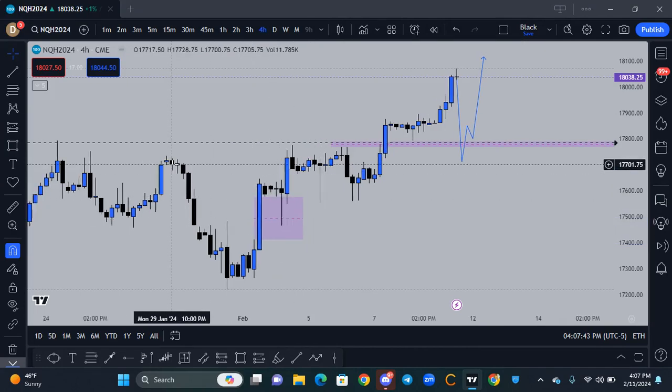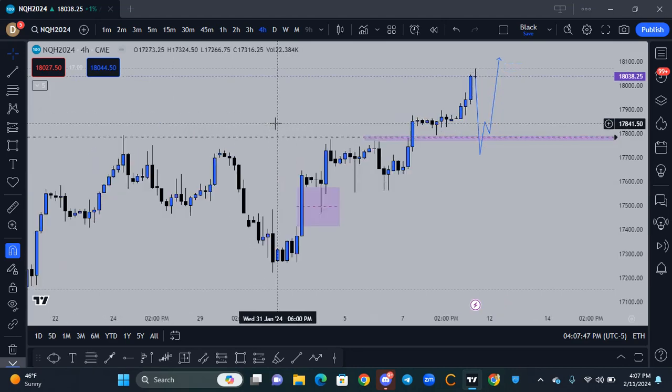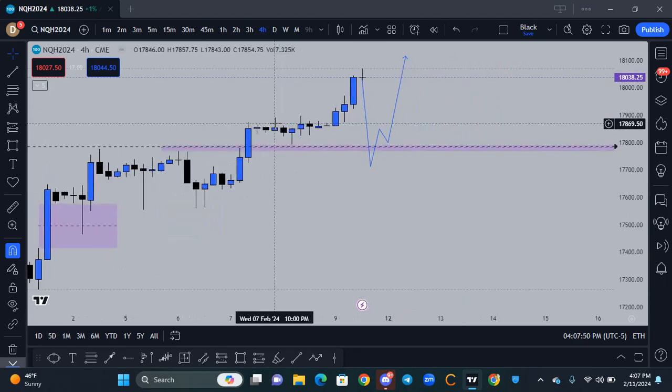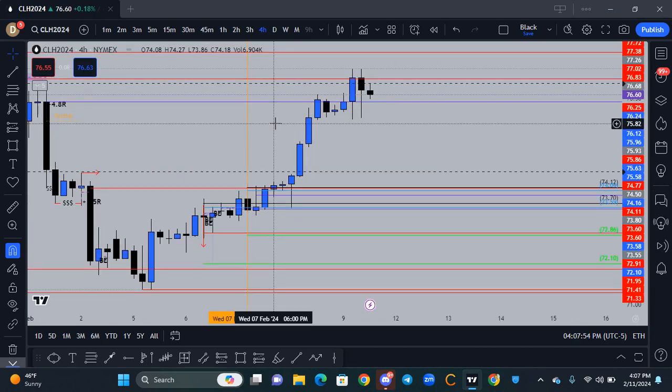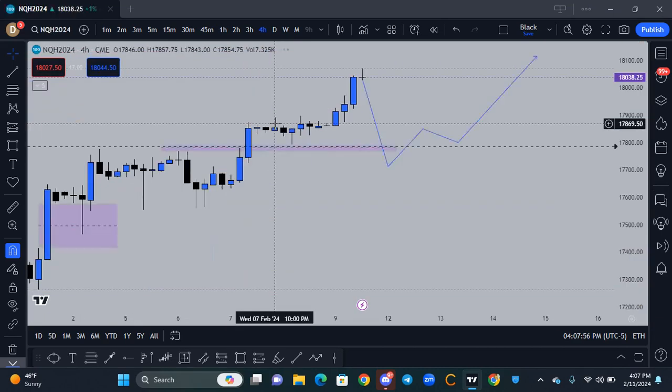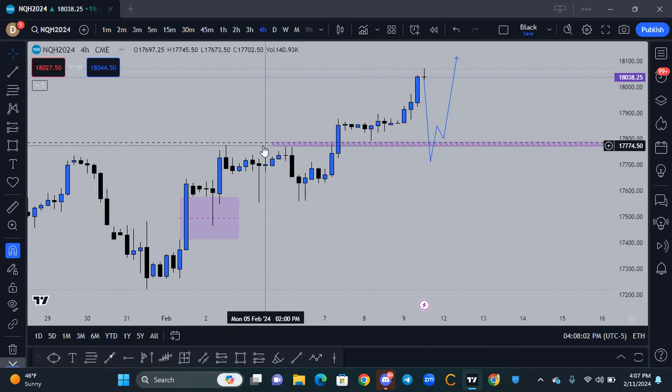Respected, poked above. Yeah, so that's what we can expect for NQ. Moving on.